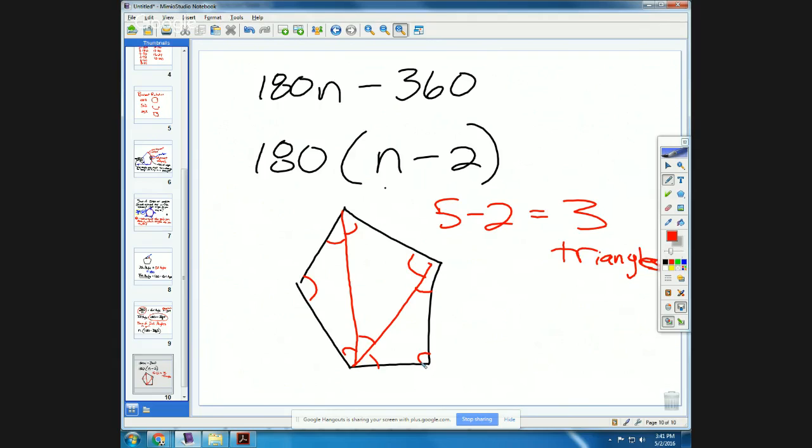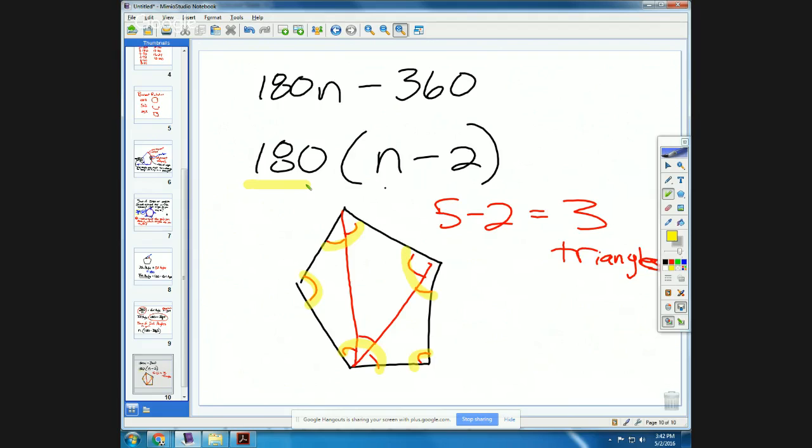Altogether, I've now used those 3 non-overlapping triangles to build all of the interior angles of my pentagon. So there's my 180 times 3, which gives me the angle sum for a pentagon. I went about it kind of a weird way, and to do so, I had to restrict myself temporarily to regular polygons. But it turns out the result is a little more general.